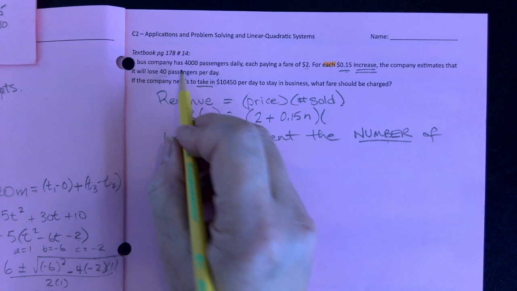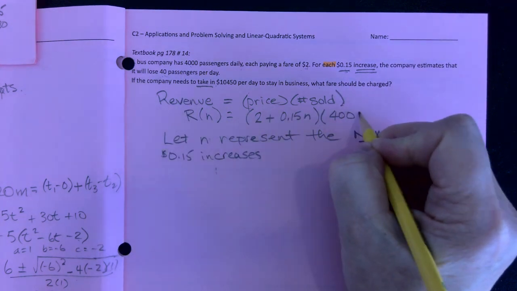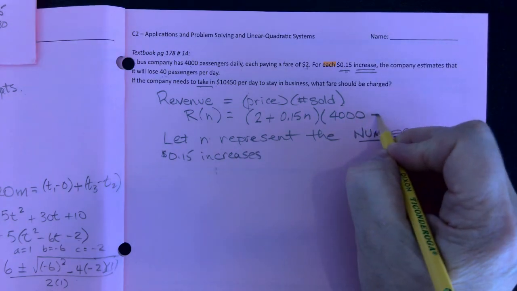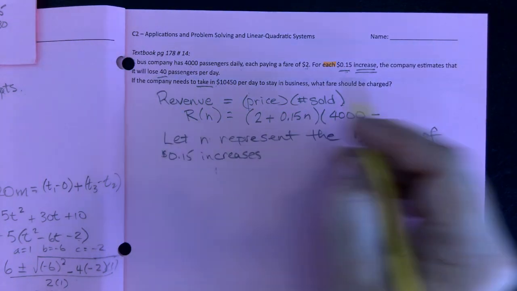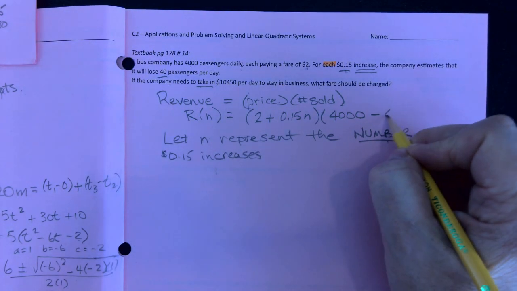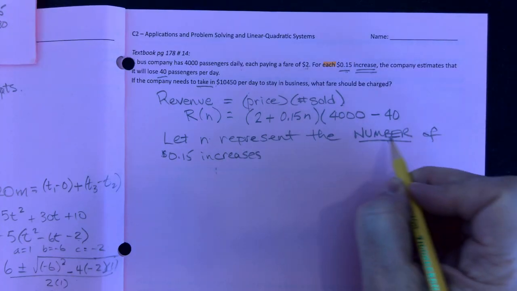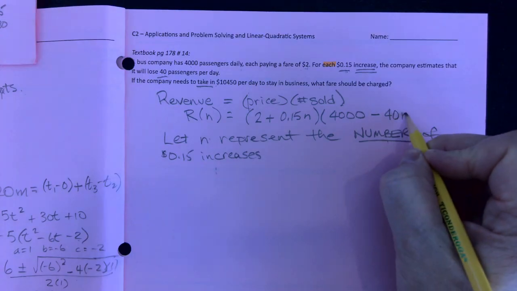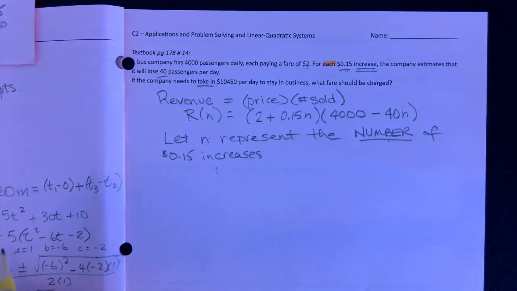Now, if I do that, the number sold is 4,000 when I have a $2 fare, but I'm going to lose 40 passengers. Lose means subtract 40 passengers every time I increase it by 15 cents. So 40 times n is how many passengers I would lose. So there's my revenue function.